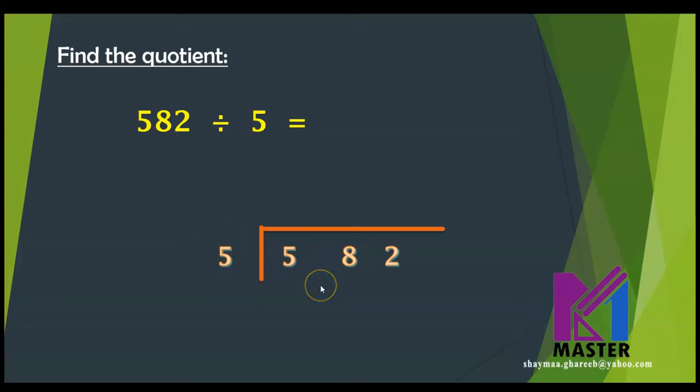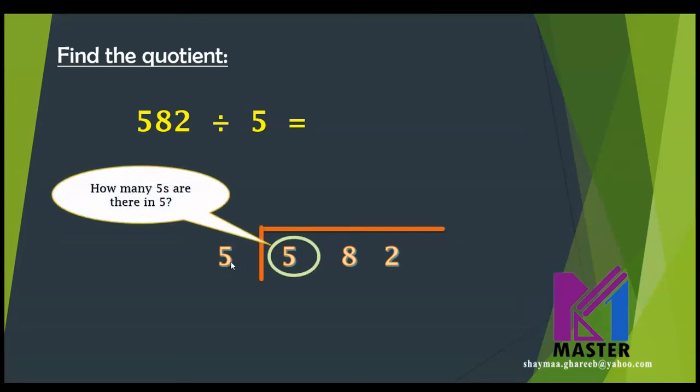I will start digit by digit, starting from the digit that has the biggest value, which is the 5. 5 divided by 5. How many 5's are there in 5? Only 1. Is there any remainder? No. So I will move to the next digit, which is the 8.